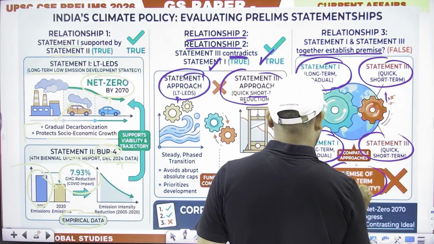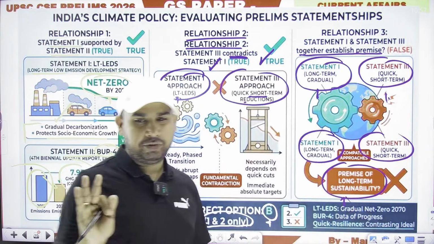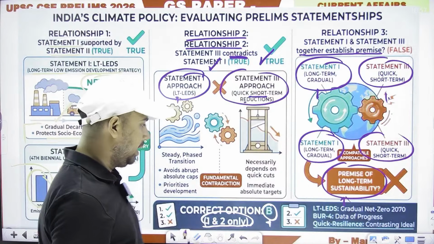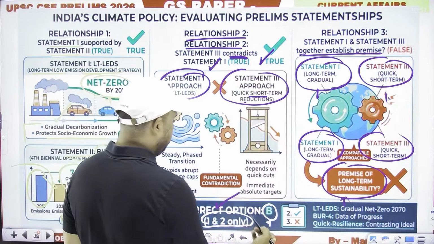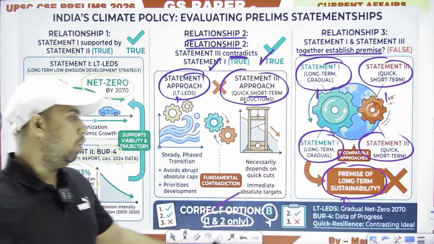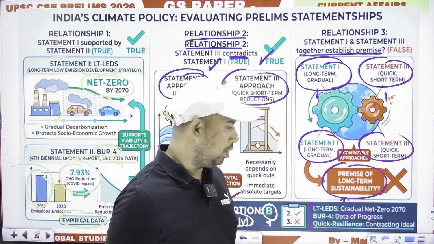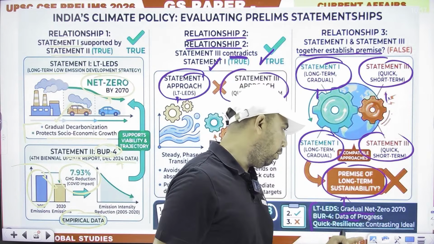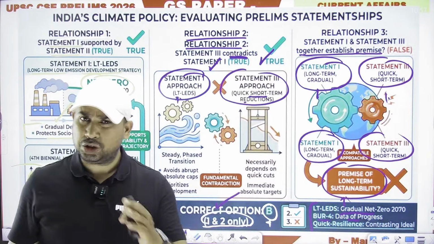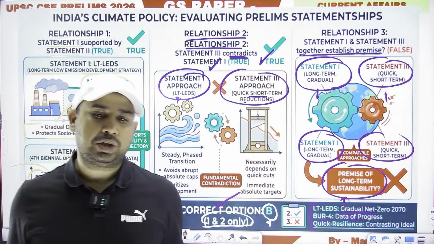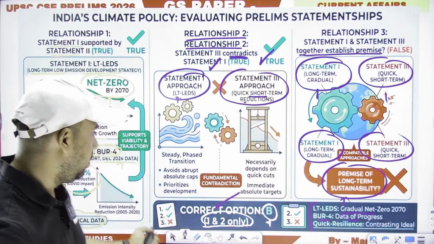The premises of long term sustainability are not associated with that. That's why the third statement is incorrect. The correct answer is B, first and second. The long term low emission reduction is gradually net zero by 2070, the BUR is the data of progress, and contrasting ideas, because short term can never be a solution for climate change. The right answer is B.